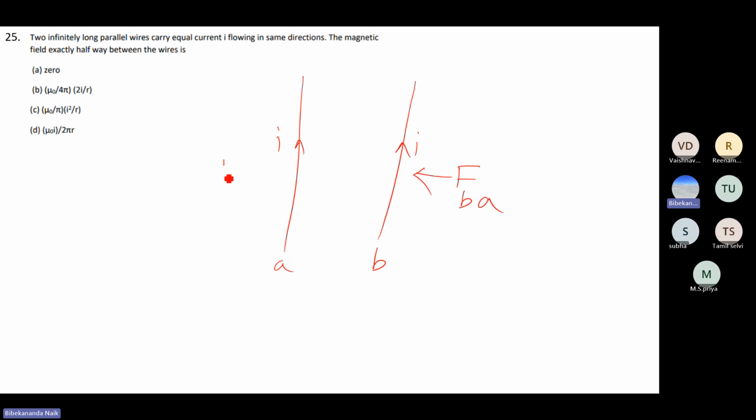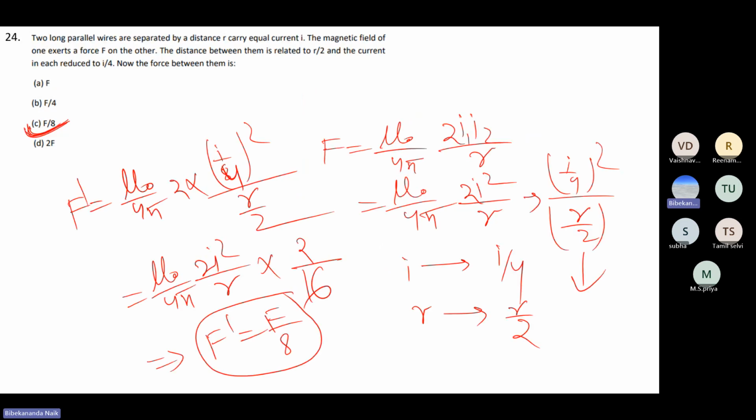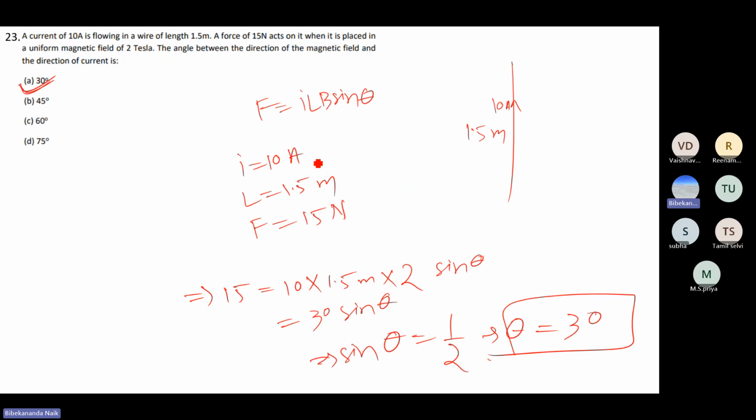Similarly, the force on A due to B will be in this direction. So the forces act in opposite directions, that is, they will be attractive. We know the force on a current carrying conductor F is equal to IBL sin theta.